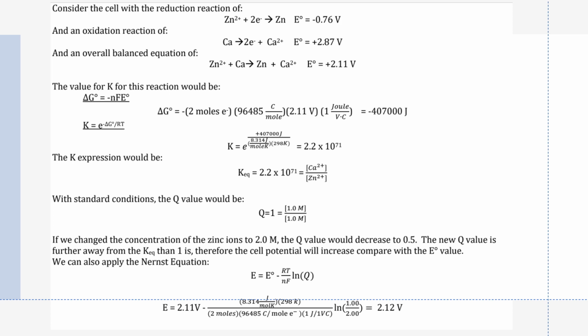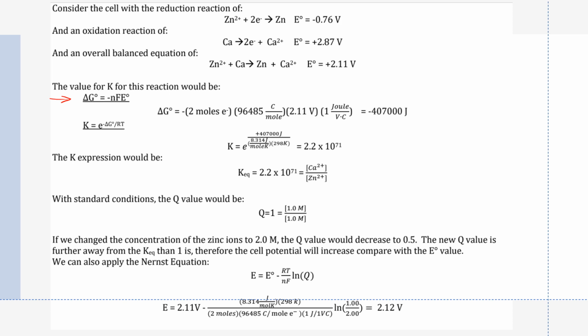So how do you get the value of K? You have to figure out the delta G0 first. Let's use this equation: negative 2 moles, because that's the number of moles of electrons that are used up in this reaction, times Faraday's constant, times the volts for the E0, the 2.11.